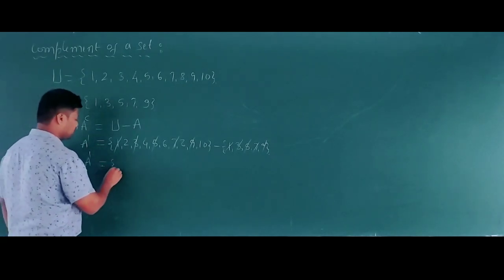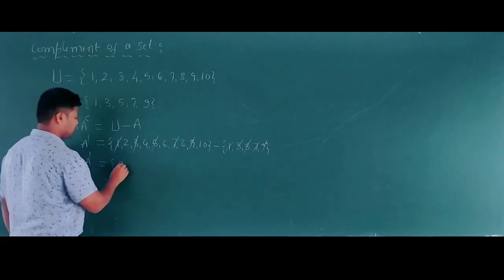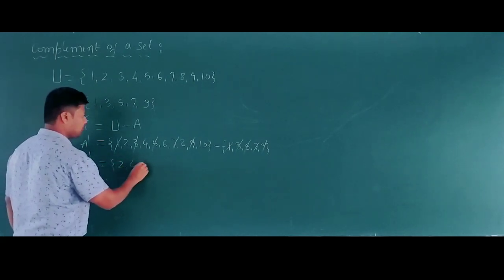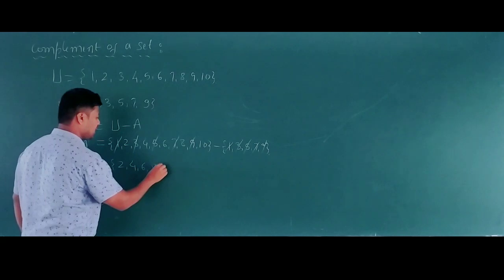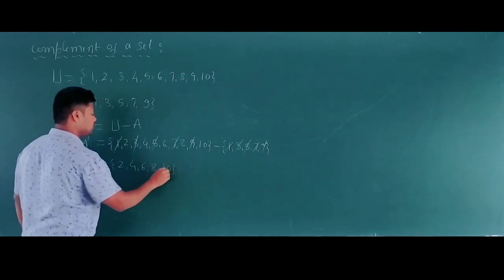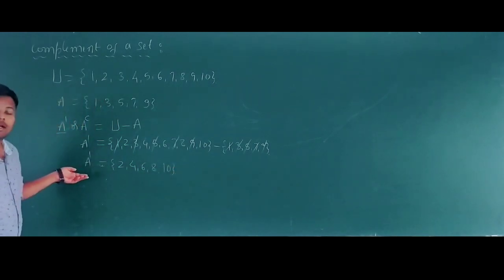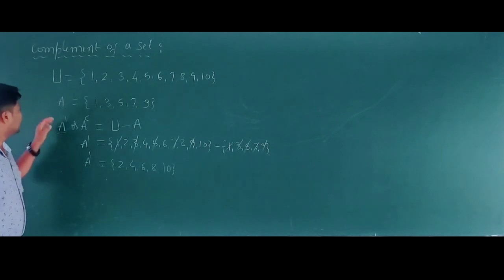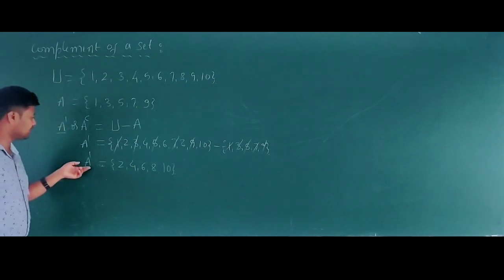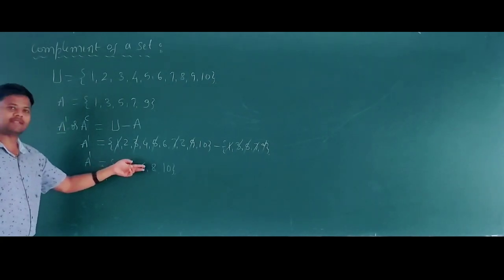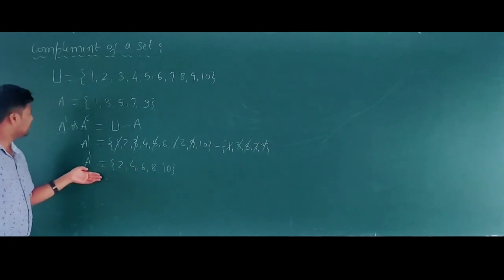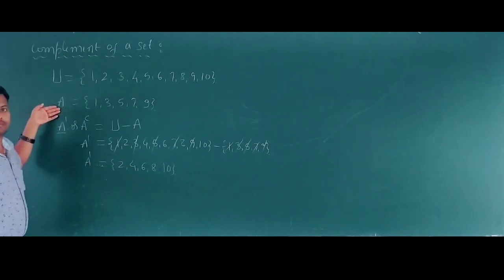A dash equals, what are the remaining elements in the first set? 2, 4, 6, 8, 10. So this set, A dash equals 2, 4, 6, 8, 10, is called the complement of set A.